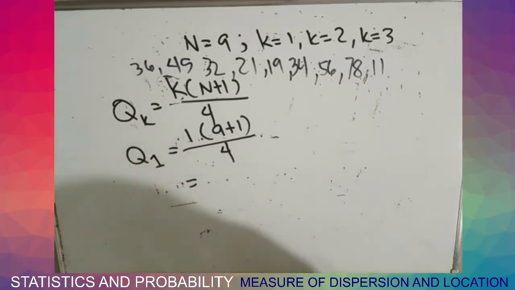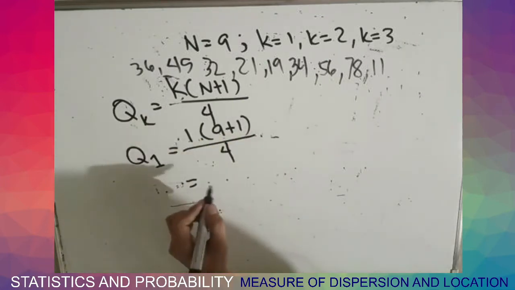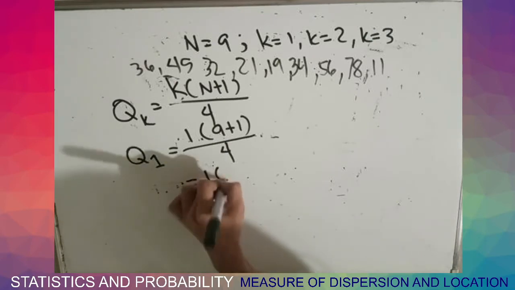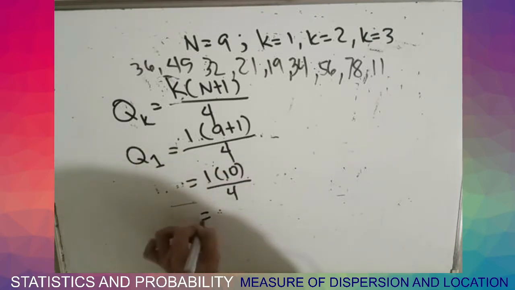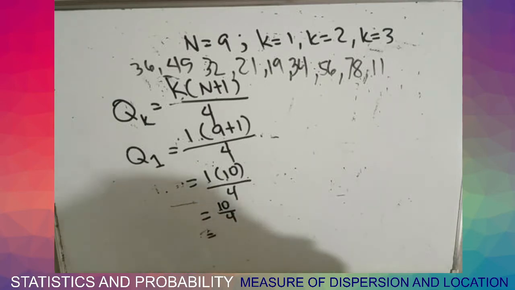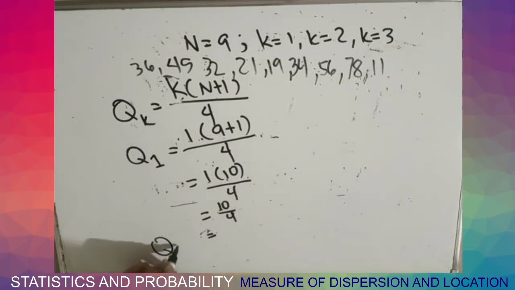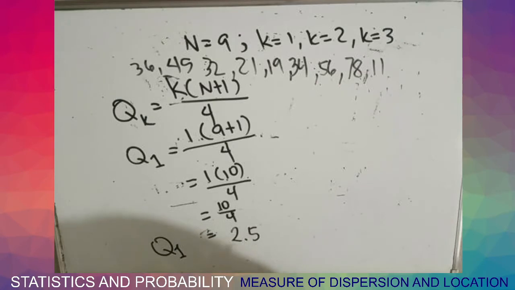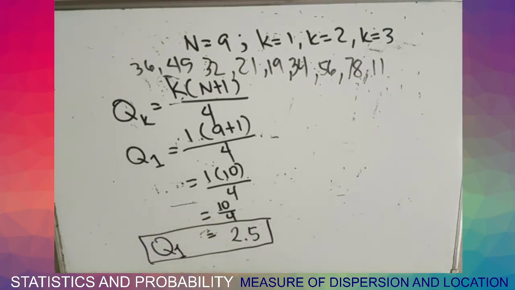Okay, simplify muna natin yung nasa parenthesis. 9 plus 1 is equals to 10. 1 times 10 is 10 divided by 4 is equals to 2.5. So, ito yung unang value ng ating quartile location. So, hanapin natin sa problem si 2.5 or 2 and 5th rank.